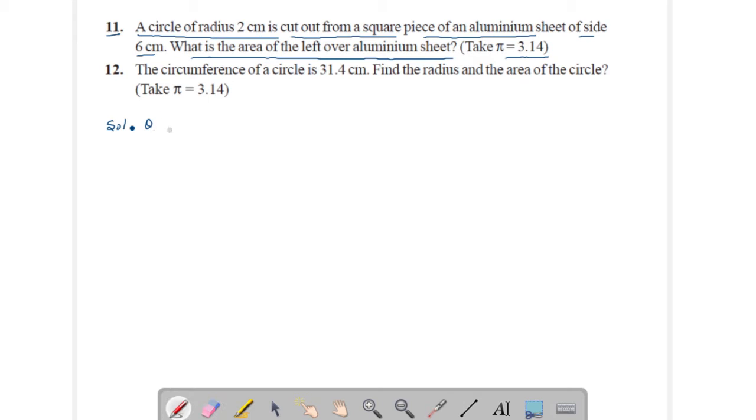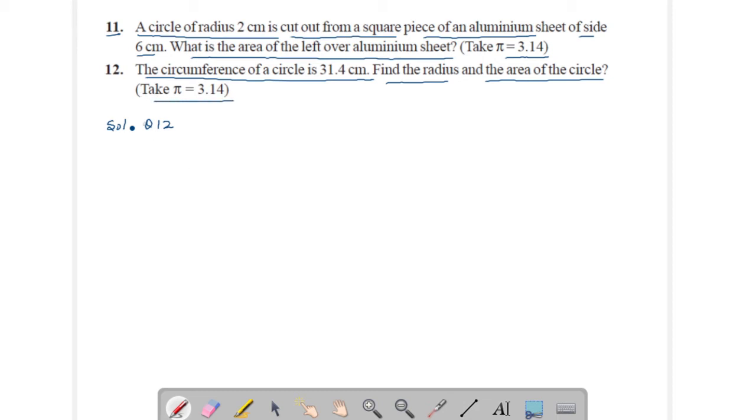Now come to solution of question number 12. In question number 12, the circumference of a circle is 31.4 centimeter. Find the radius and area of the circle. Take pi equal to 3.14.